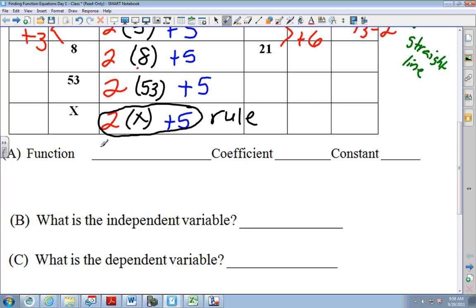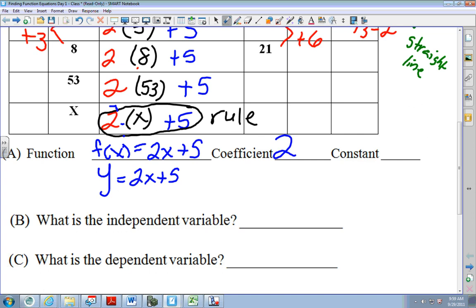Now my function right here, I'm going to write f of x equals 2x plus 5. I can also write my equation, y equals 2x plus 5. What is my coefficient? My coefficient is the 2. My constant is the 5.